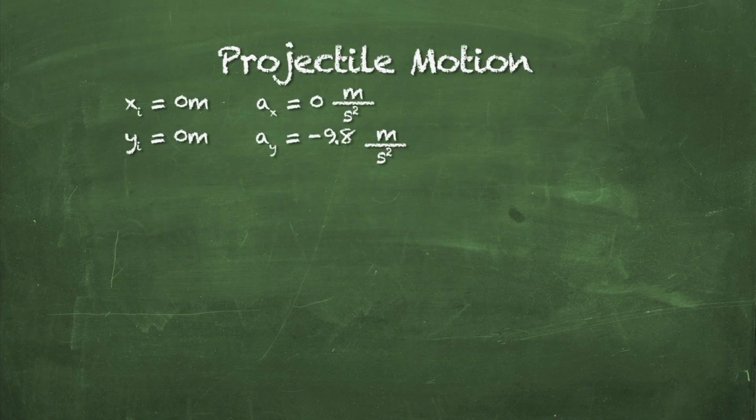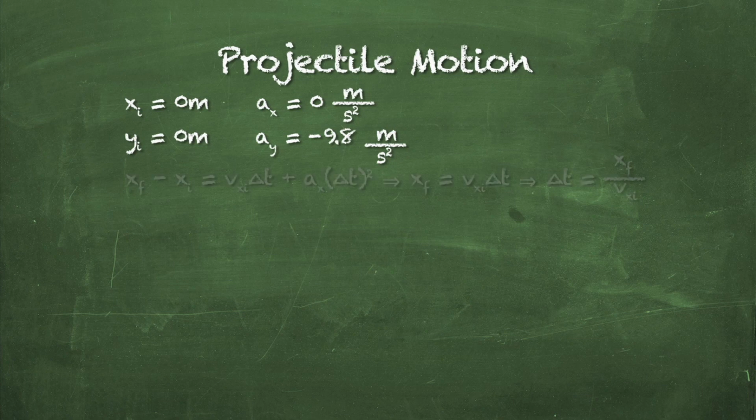Let's assume that our object starts from the origin, so that would be x initial equals 0 meters, y initial equals 0 meters. And we take our special knowledge. Acceleration in the x direction is 0 meters per second squared. Acceleration in the y direction is negative 9.8 meters per second squared.